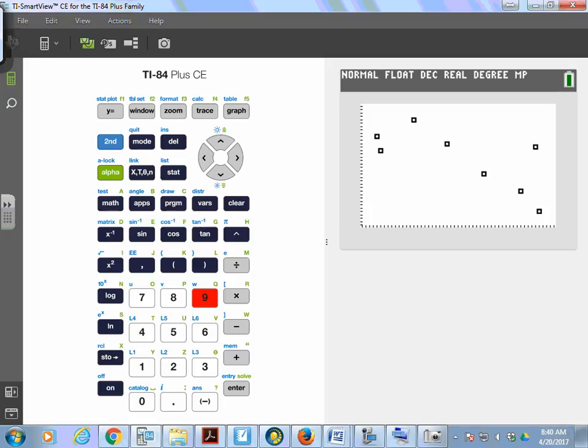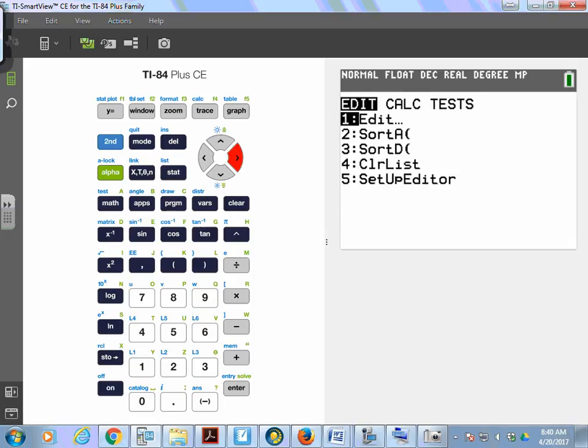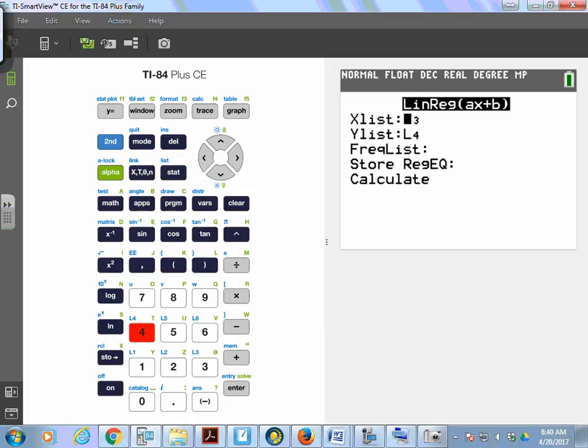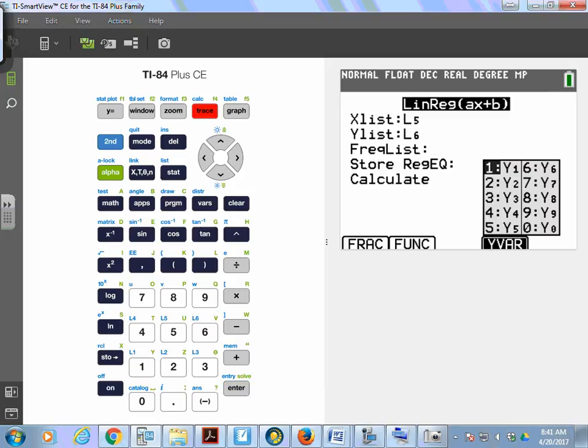So this has a negative correlation. Not real good, because now when I find the best fit line, so stat over to calc, number 4, and I'm using lists 5 and 6 now. Put it in y1, so alpha trace to get our y1.